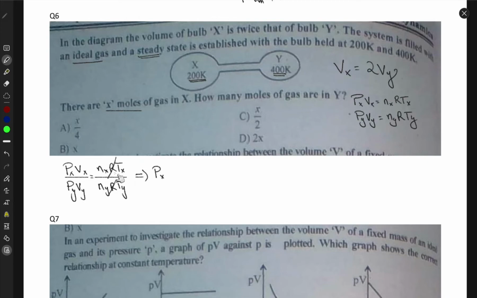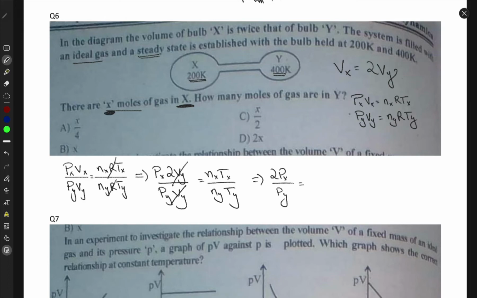So in place of Vx, I can write 2 Vy divided by Py Vy, equal to Nx Tx divided by Ny Ty. Now Vy will also go away. So this becomes 2 times Px divided by Py is equal to Nx Tx divided by Ny Ty, but in X there are x moles of gas, so we'll just write small x.